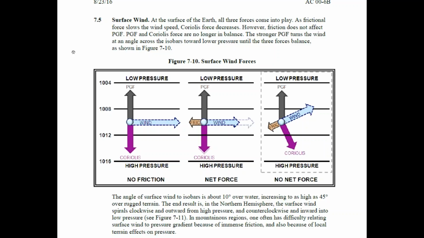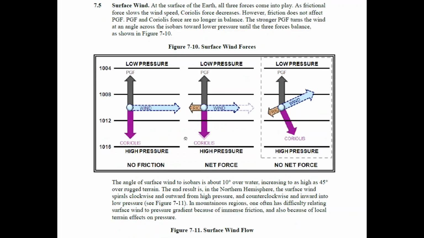forces balance. So this is basically just saying that at higher altitudes, the wind speed is higher because there's nothing affecting it. Going back to what we were talking about, when you go up to 38,000 feet, in the 30,000 foot to 40,000 foot level, the wind is normally always 100 knots or more in whatever direction it's traveling.